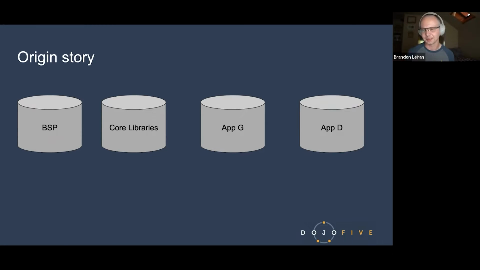I was working in AppG for AppG, but for the rest of them, we had zip files that were passed back and forth because then we knew this version of BSP, this version of the core libraries would work for AppG. So it was really chaos. And when I say zip files, I mean you talk to your neighbor and your neighbor was like, yeah, this one worked last week. I think it's still working.